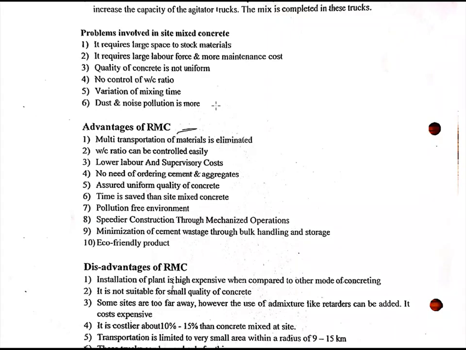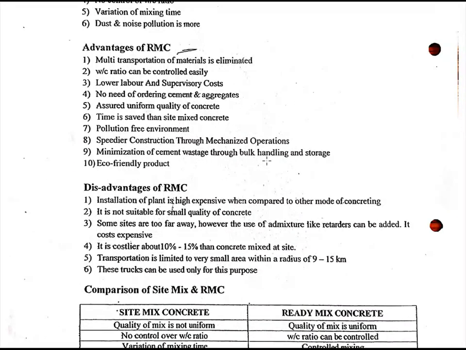Moreover, environmental pollution, the dust and noise pollution for the neighbors will be very irritating for them. So to avoid all these things, we can adopt RMC, where when you bring the concrete from the RMC plant, you can directly pour it wherever it is necessary, the molds or into the formworks.